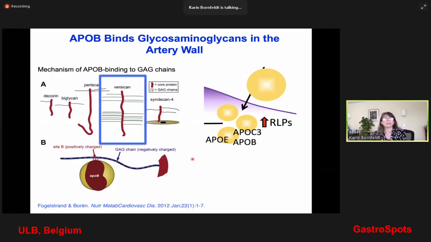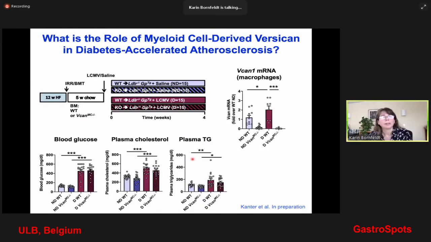So we were particularly interested in Versican because we had some preliminary findings that Versican mRNA was upregulated in the setting of diabetes. And so in order to investigate the role of Versican, we collaborated with Chuck Frevert and Tom Wight in Seattle to use mice with myeloid cell Versican deficiency that they had generated.